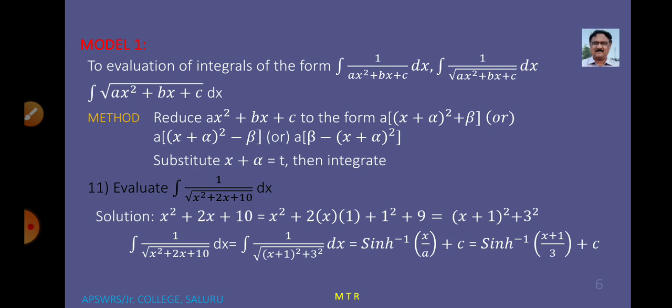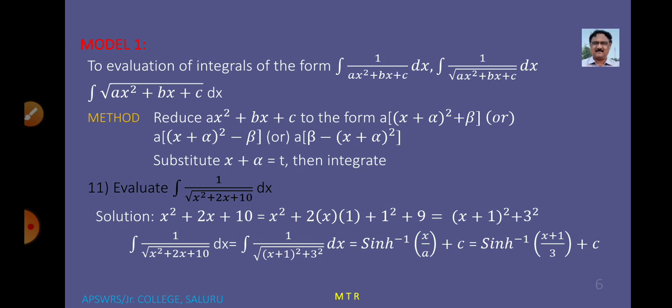That means the given problem is of the form of a quadratic expression. We convert that quadratic expression to either x square plus a square, or x square minus a square, or a square minus x square. Next, we apply the 9 formulas from our previous part 2.